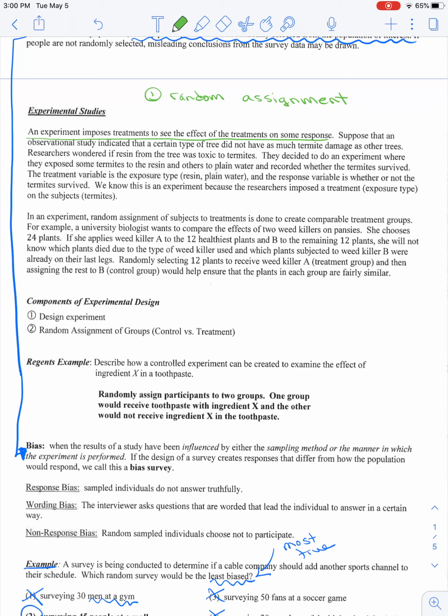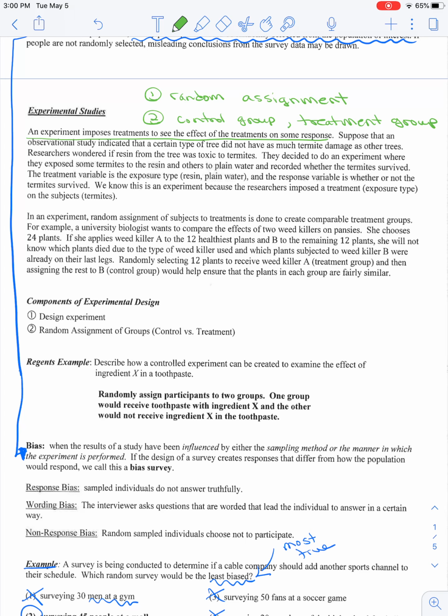What that means is you're going to take your sample of people that you're going to study and assign them to 2 groups, a control group and a treatment group. They're going to be assigned randomly to either one of those groups.